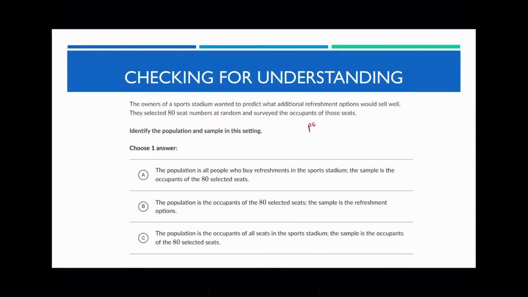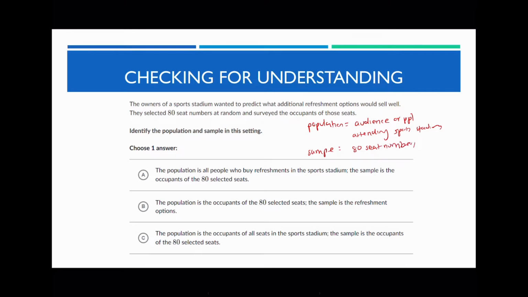The population is the audience or people attending a sports stadium. And the sample is the 80 seat numbers that he's randomly selected.